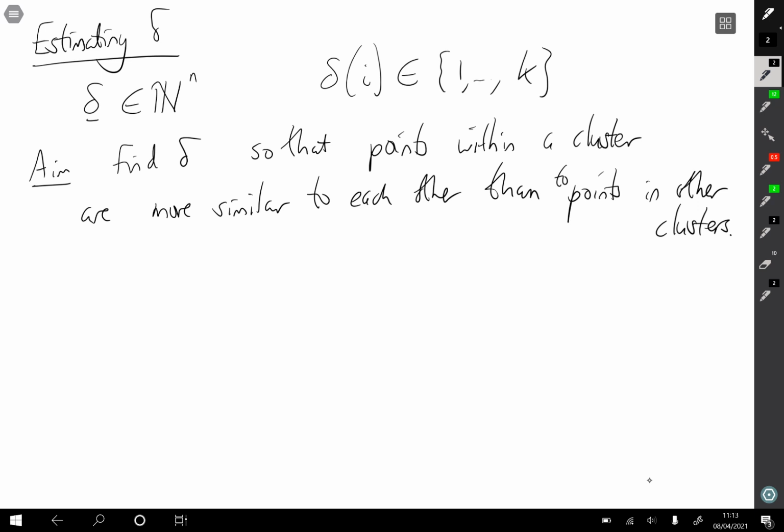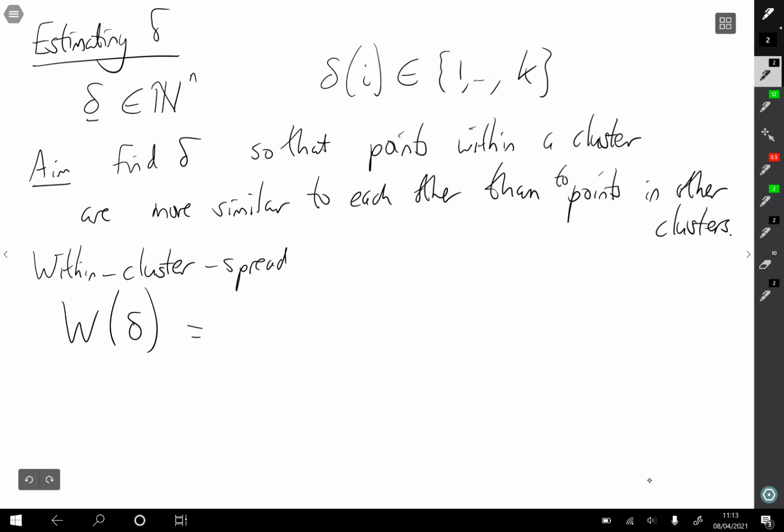Well, we could use the loss function that we saw previously. So we saw already what we called the within cluster variance before, but let's call it spread here. The within cluster spread. So that we can sum over the different clusters. Okay, so let's make that lowercase k. So sum over the different clusters, and then for each cluster, we could look at the spread of points within that cluster.